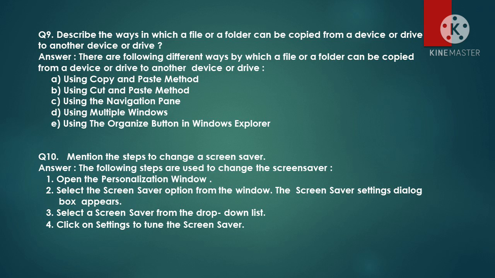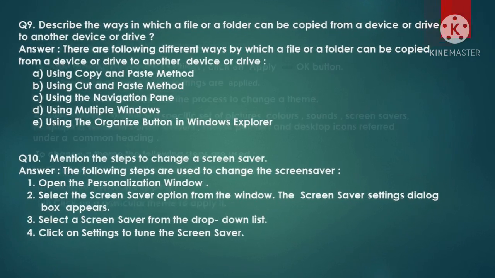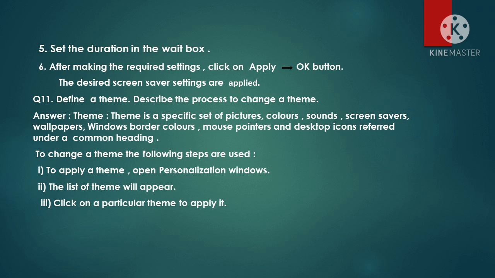The screen saver settings dialog box appears. Step 3. Select a screensaver from the drop-down list. Step 4. Click on Settings to tune the screensaver. The next slide contains the next part of questions and answers.